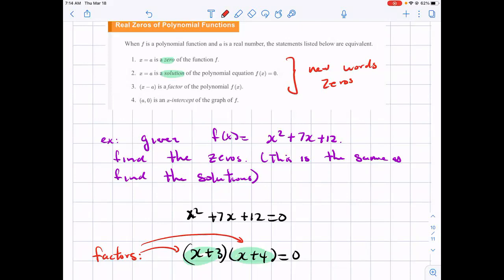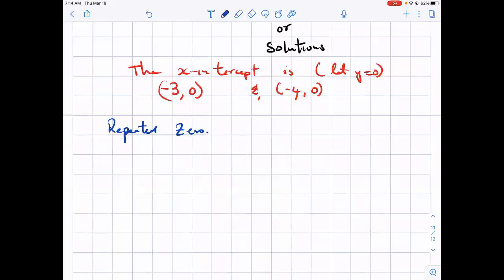So pay attention to these new words. We also have what is called a repeated zero, and we talk about this when we talk about multiplicity.